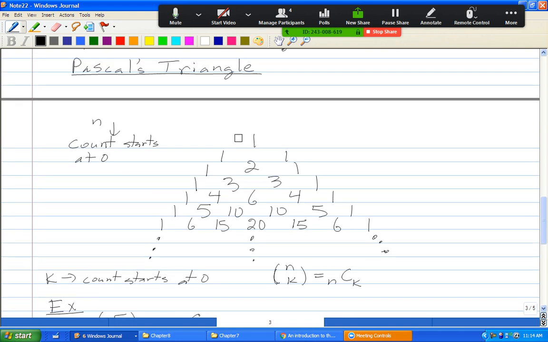Start counting at 0: 0, 1, 2, 3, 4, 5. Start counting at 0: 0, 1, 2, 3. Therefore, my answer is 10, because this stands for the binomial coefficient 5C3.